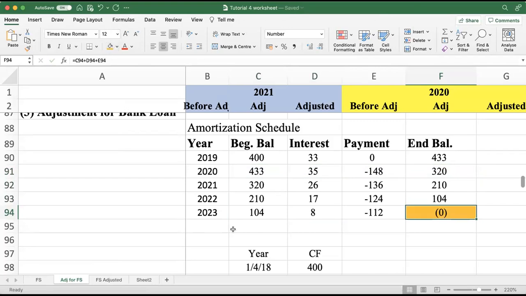At the end of the loan period, you see the balance comes to 0. Any question?